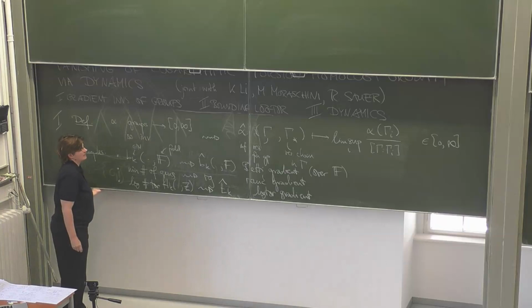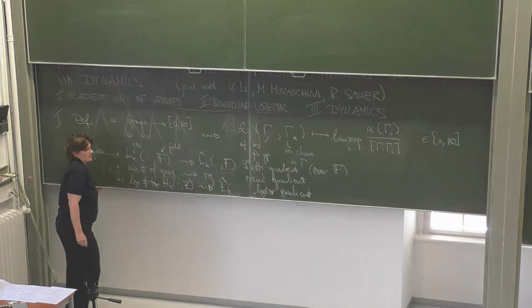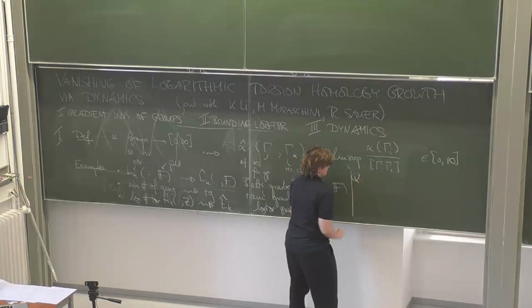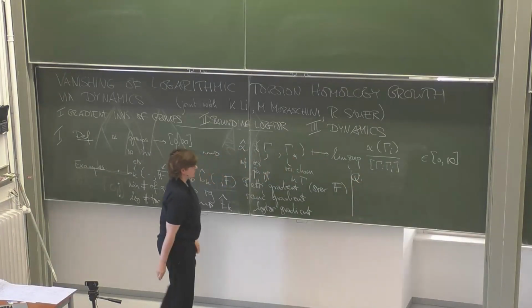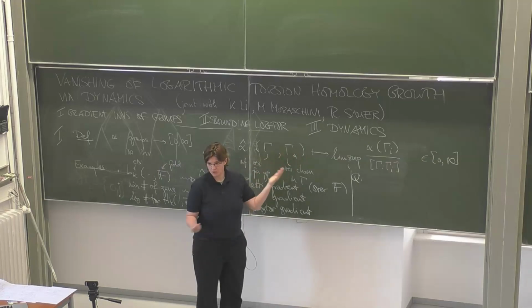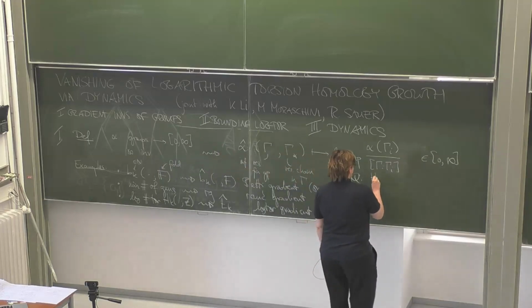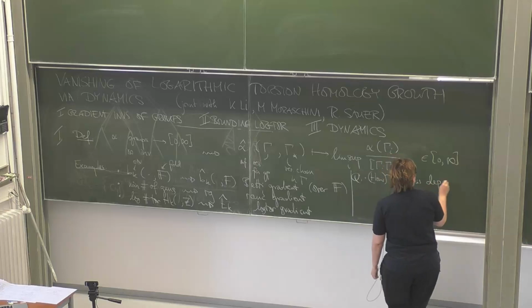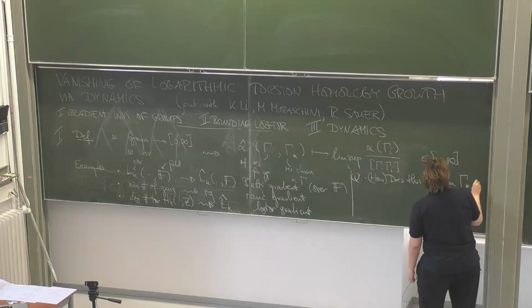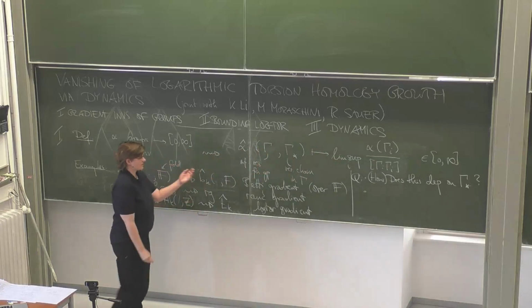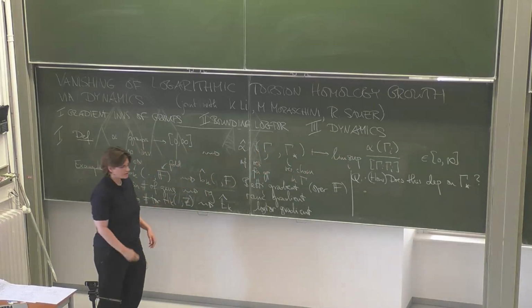So the very general question is, of course, there are many questions. For example, you might wonder, does this depend on the chain? And if so, how? Then a related question is, how can you compute this?